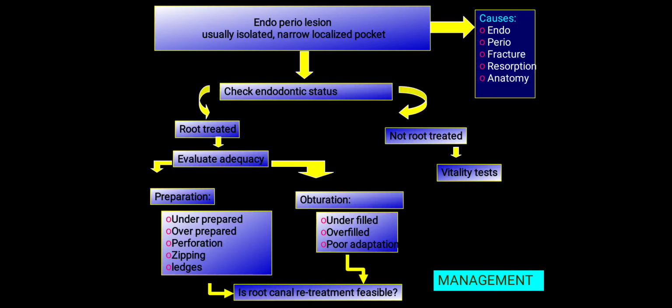If root canal therapy is not done, then we have to carry out the vitality test of the tooth. If retreatment procedures are feasible, then we go for oral health instruction.